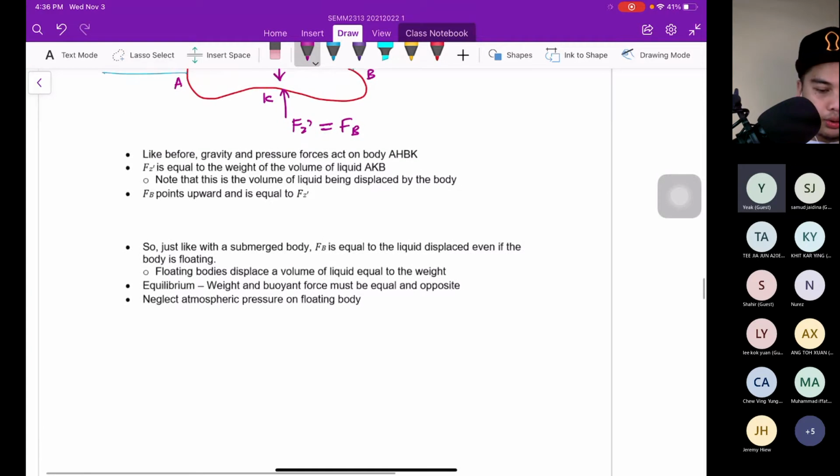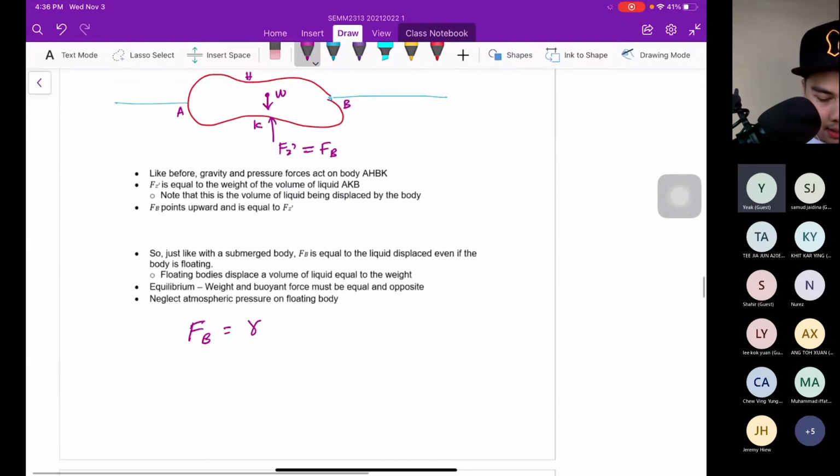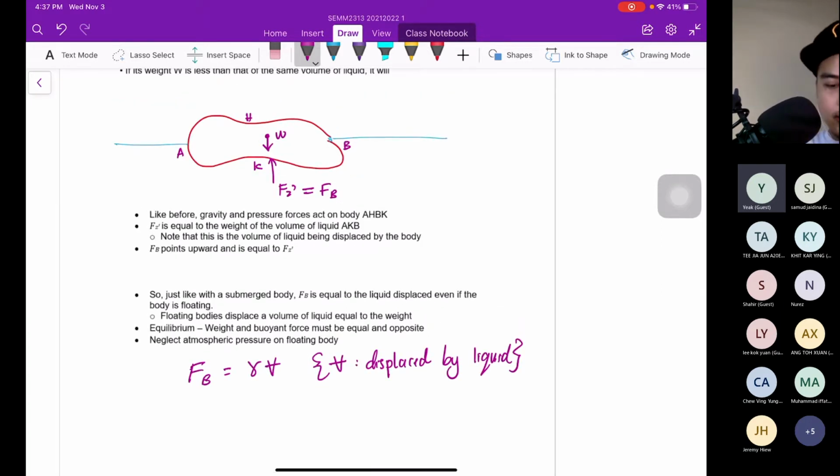Right, so I want to highlight, in order to calculate FB, it is gamma V. Remember, V is the volume displaced by liquid. Where is the part displaced by liquid, on the top or at the bottom? Which is displaced by liquid, A or B?